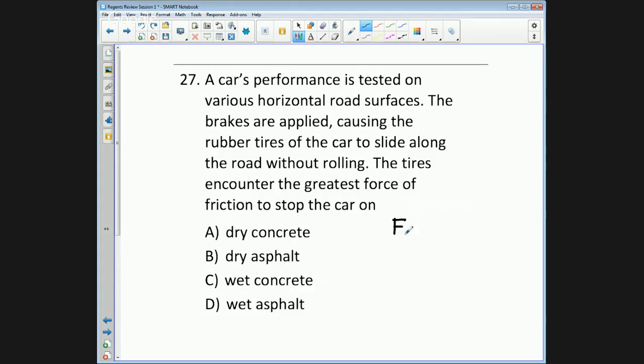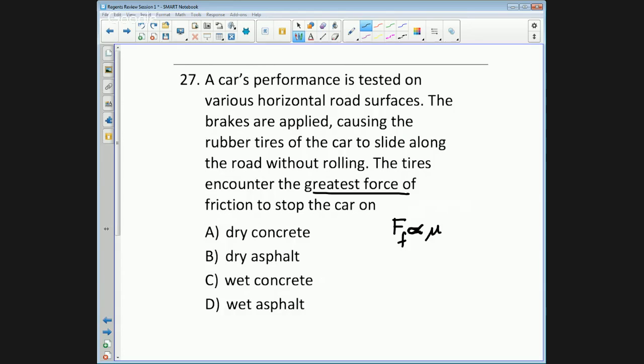Okay, well, from the previous equation, we have the force of friction is proportional to the coefficient of static friction. We want the greatest force of friction, so we want to find the greatest value for mu. And that would be between dry concrete, dry asphalt, wet concrete, and wet asphalt.